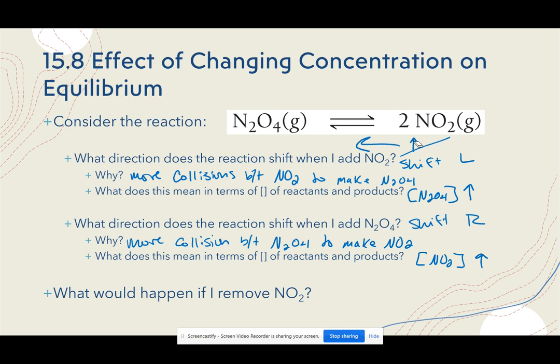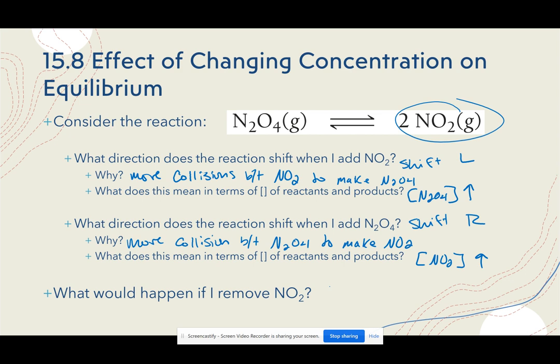If I remove NO2, so I'm going to take some of this out. It was at an equilibrium concentration. Let's say its equilibrium concentration was 1 molar. And now I've removed some, and now it's like 0.75 molar. It needs to get back to that equilibrium concentration, that 1 molar.